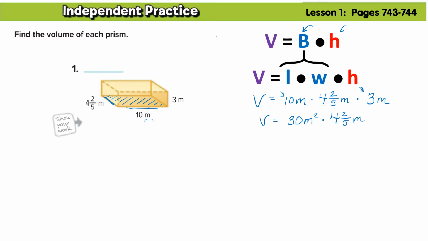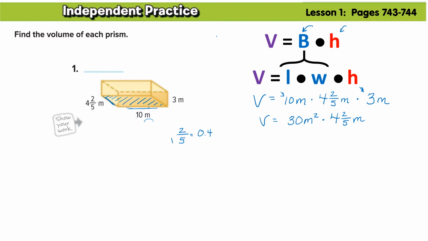meters. Now just so that you know, 2/5 equals 4/10, because 2 divided by 5 is 4/10. So on your calculator, you can do 30 times 4.4 equals, and you're going to get a volume.